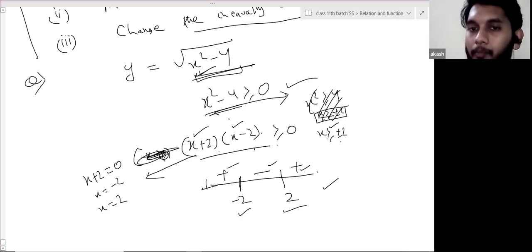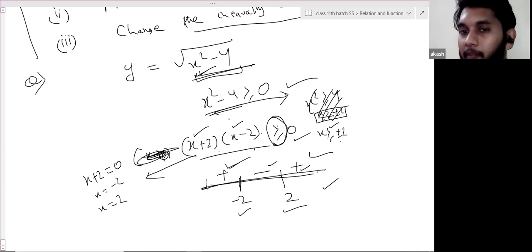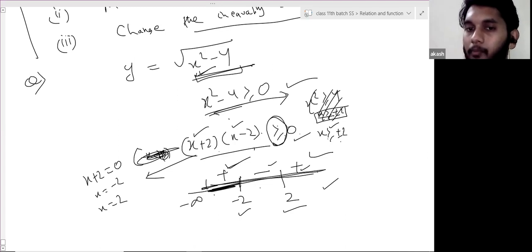Now you have to look at which sign we are looking at, greater than equal to 0. That means positive. Which areas have positive signs, this and this. What this means is we have divided the whole number line in three parts, from minus infinity to minus 2, from minus 2 to 2, and 2 to infinity.